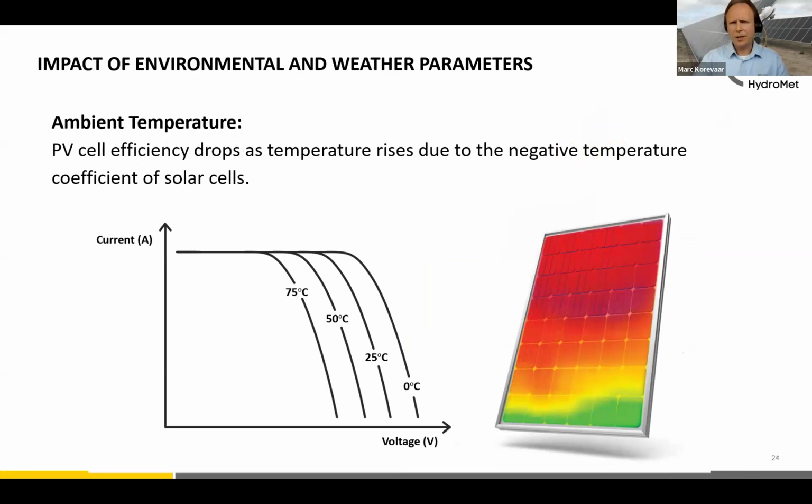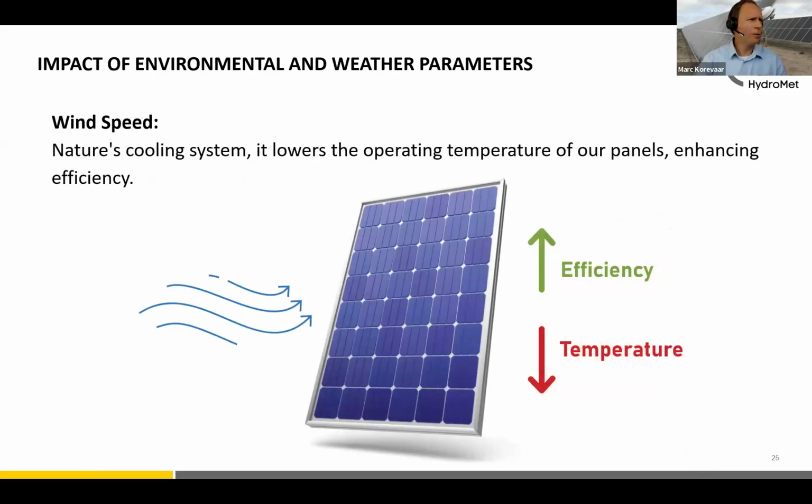Another factor that greatly influences the PV plant power is the temperature, because when the temperature is higher, the PV cell efficiency drops, and then the PV plant generates less energy. We have the wind speed, which is the way that the PV modules can be cooled, thereby enhancing the efficiency.